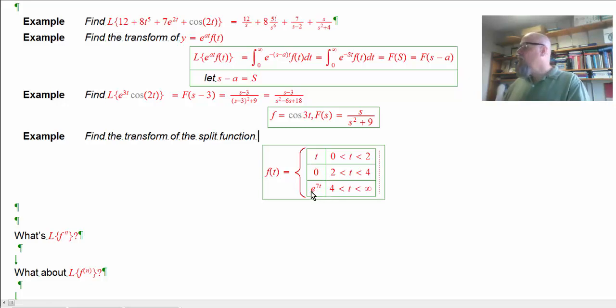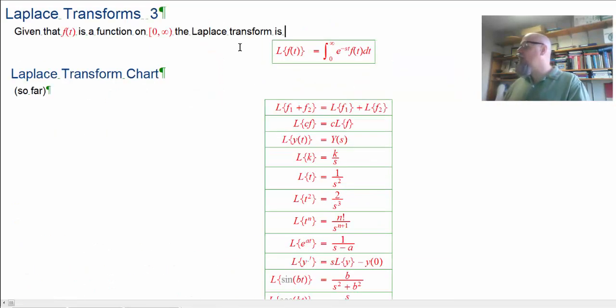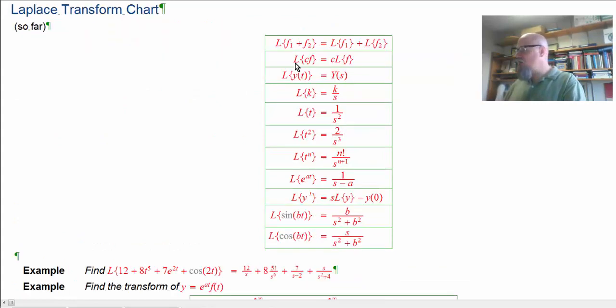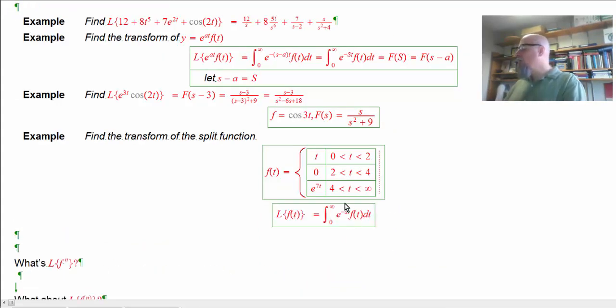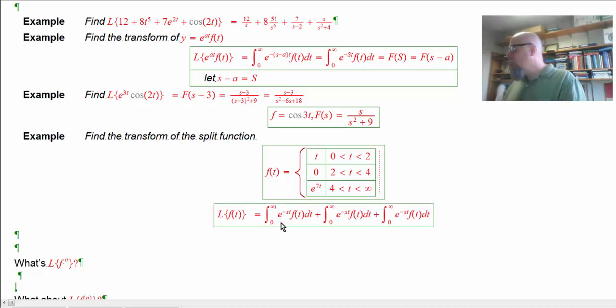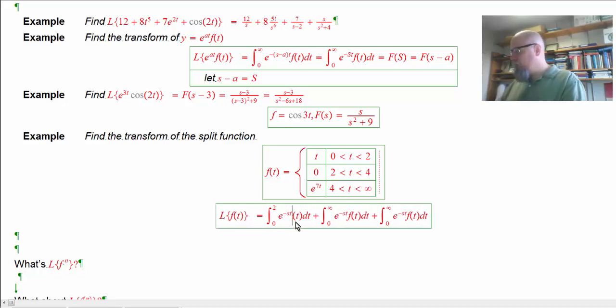It switches. So if I'm going to do this, I have to go all the way back to the definition, and I'm integrating different functions over different times. So from 0 to 2, the function is just t.